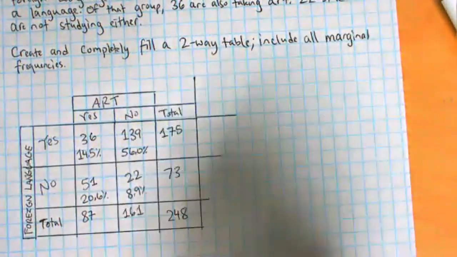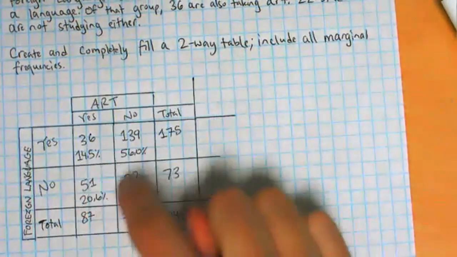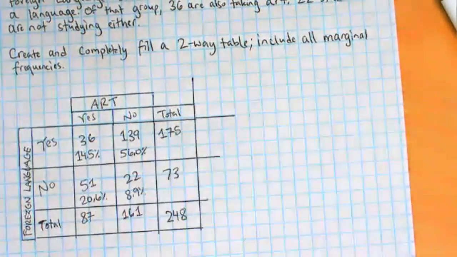Let's do a quick check to make sure that we've actually calculated this correctly by adding up all 4 of those numbers, because the sum of all the entries within our table, not on the margins, should equal the 100%, because they should all add up to 248. So we have 14.5 plus 56 plus 20.6 and plus 8.9.